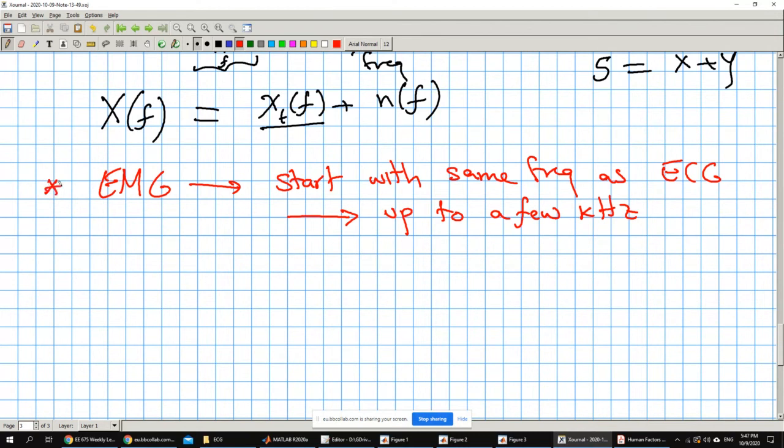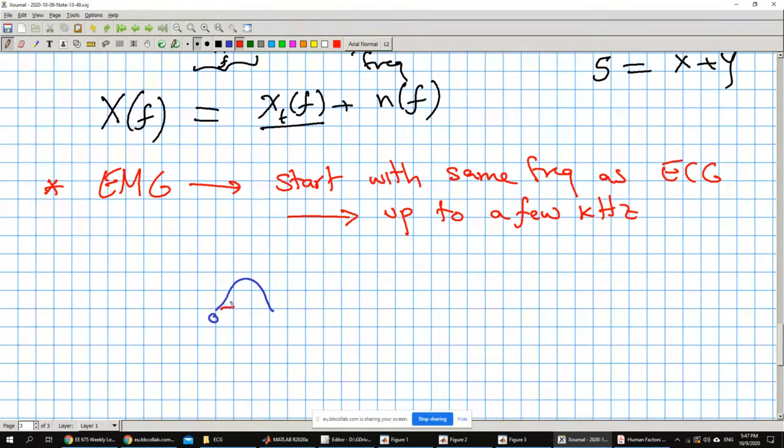Okay, so what can we do in this case? It's exactly what I was telling you now. The ECG range, if we say that the ECG starts from 0, this is 0, okay? The ECG will be like this. The EMG will be like this. Actually, maybe I should write it a little bit differently.